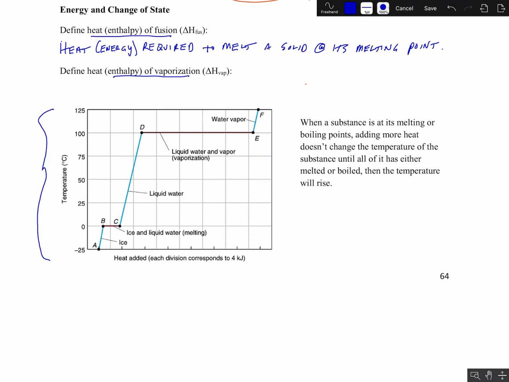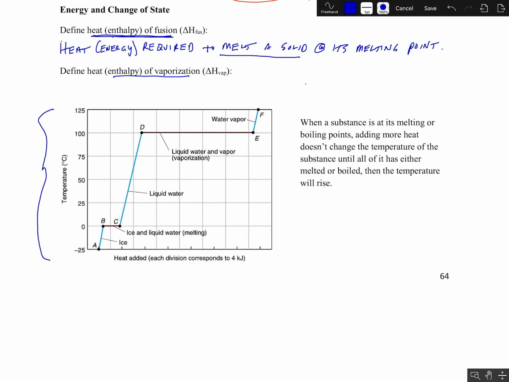So when you get to the melting point of a solid by raising the temperature of the solid, the temperature doesn't change any longer, even though you're adding heat. The energy that you're adding is called the enthalpy or heat of fusion, and that's energy that's required to melt that substance. Then once it's all melted, then the energy that you add goes into raising its temperature again. But the energy required to melt a substance at its melting point is called the enthalpy or heat of fusion.